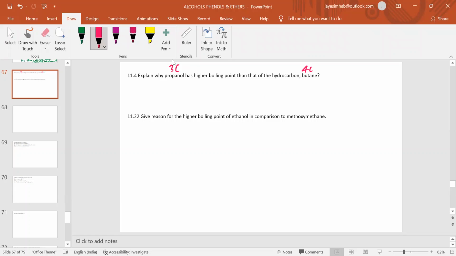A simple reason. Alcohols will have more boiling point than hydrocarbons. So first preference is alcohols.